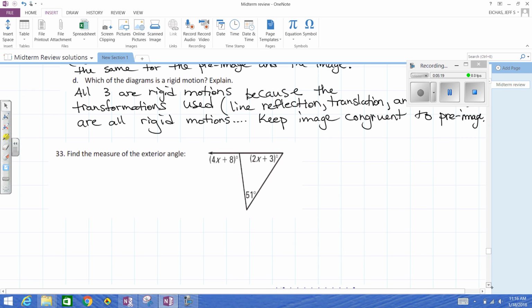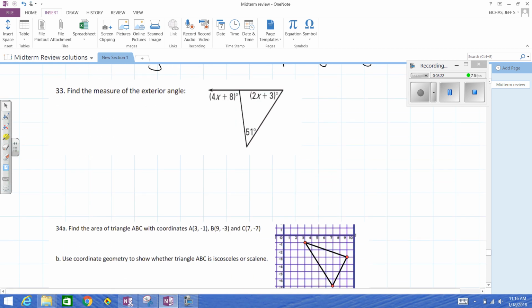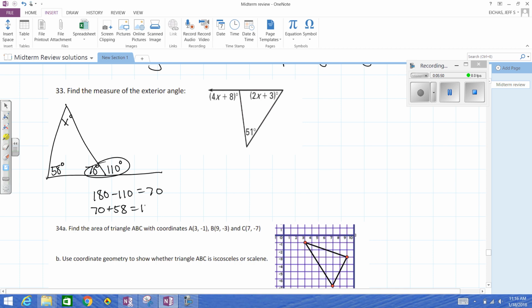Next, exterior angles theorem. So when we did problems in class, some of the problems didn't really require the use of the exterior angles theorem. For instance, if I had 110 here and a 58 there to find that angle, you could have used linear pair to put 70 there, then add what you have, and of course subtract from 180.